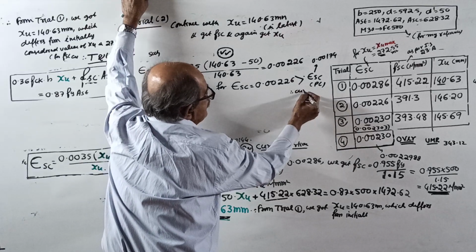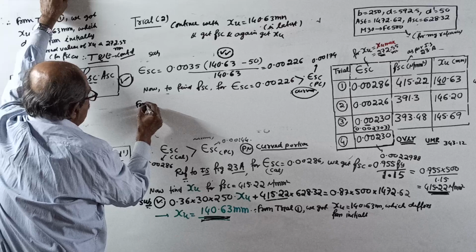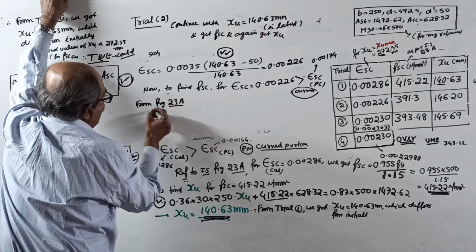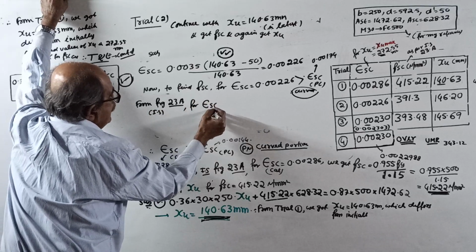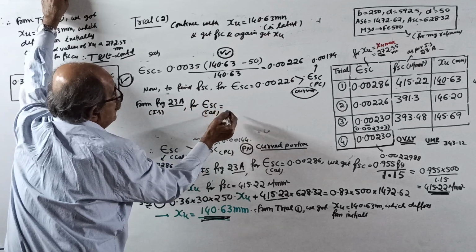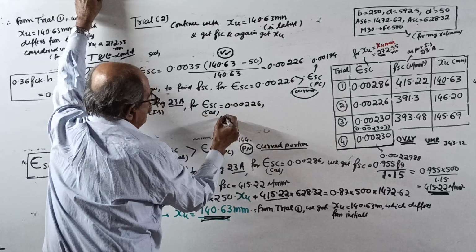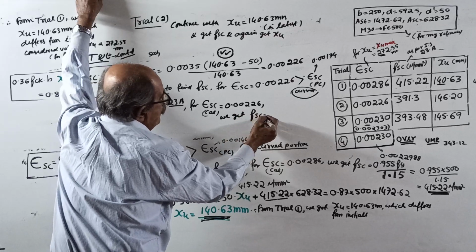Therefore, curved part. From figure 23A of the IS code, for epsilon sc calculated equal to 0.00226, we get fsc equal to, now do one thing.